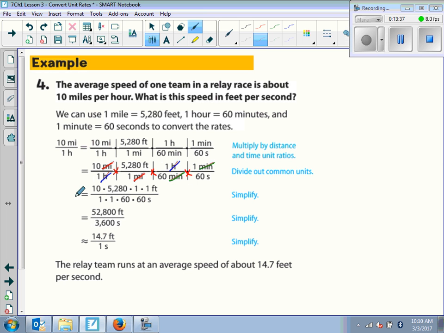When you multiply straight across, you end up with 52,800 feet in 3,600 seconds. But again, that's not a unit rate. We need to simplify to a unit rate. So what are we going to divide by the numerator and the denominator here? 3,600. Very good.